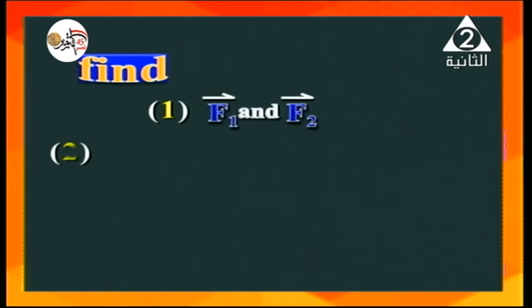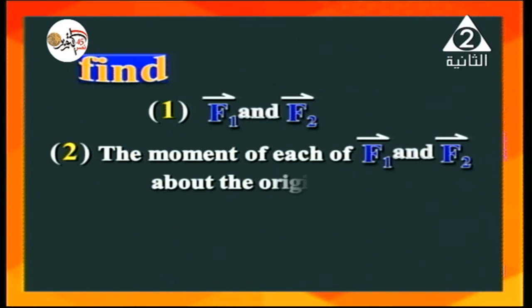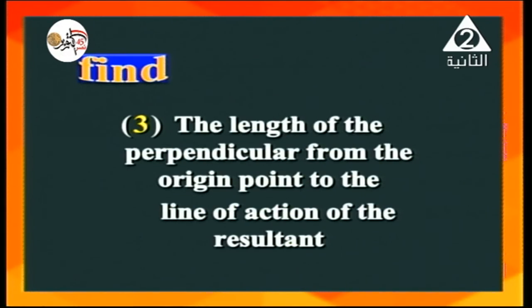Number 2, find the moment of each of F1 and F2 about the origin point, and then deduce the moment of the resultant about the origin point.